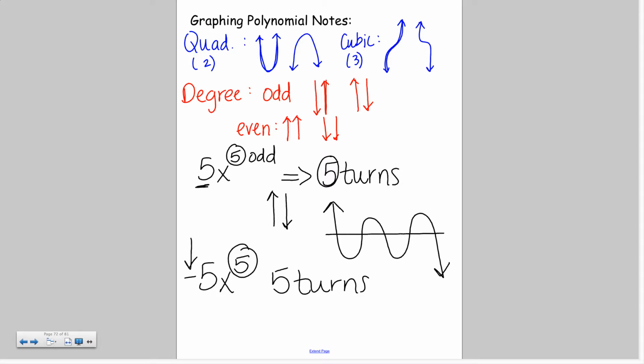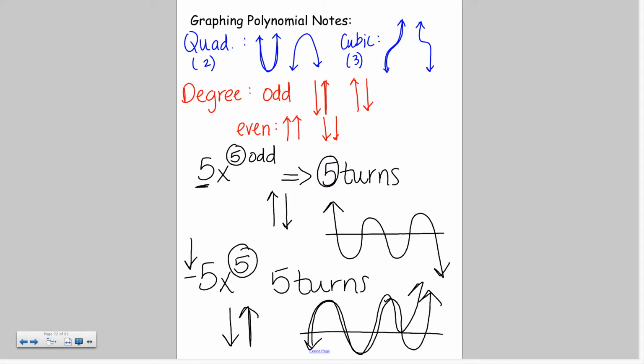So that means it's going to be flipped. So I'm going to start low and end high. That would look like 1, 2, 3, 4, 5. Start low and end high.